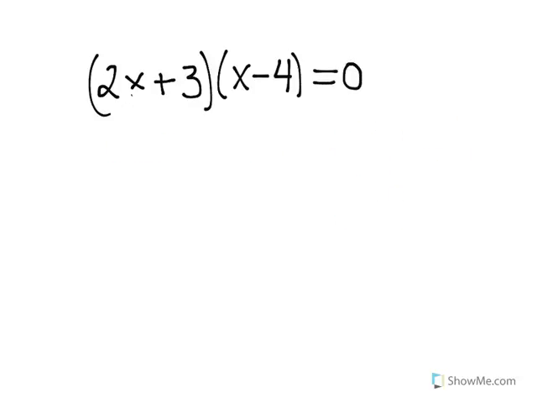In our final example, we have two factors, one of which is going to end up being a two-step equation to solve. So we have our first equation, 2x plus 3 is equal to 0, or x minus 4 is equal to 0.